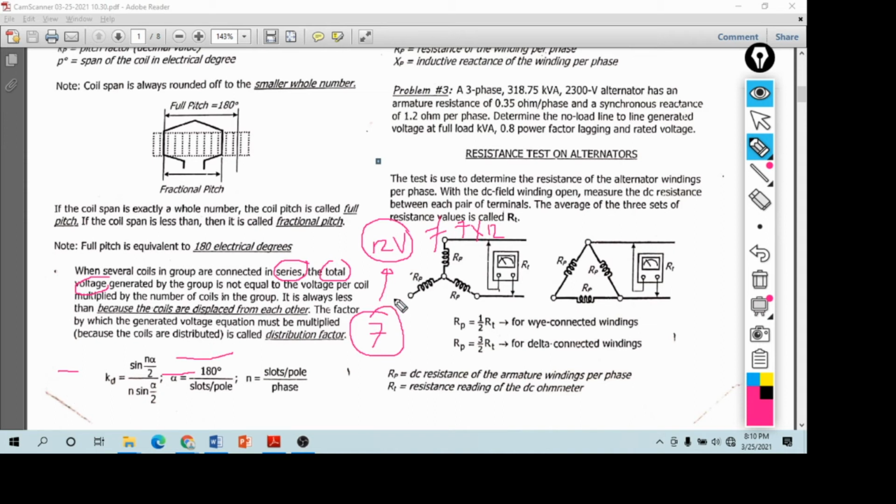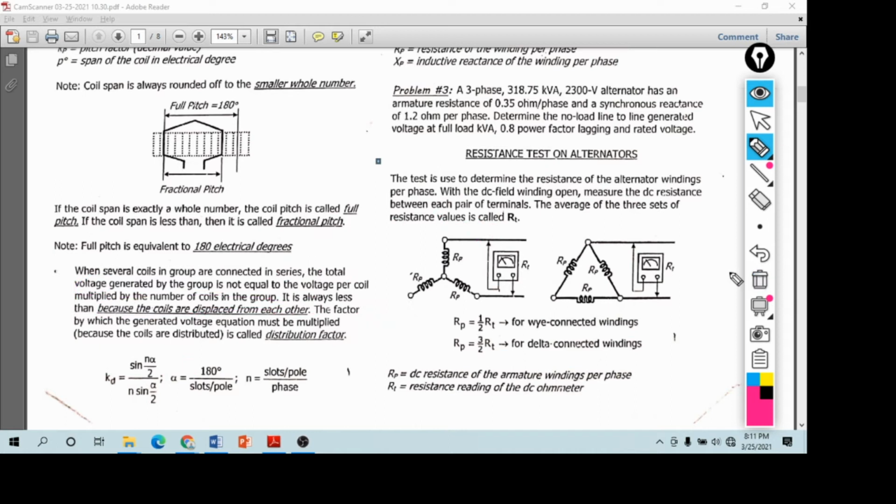And that is because the coils are displaced from each other. They are not placed in just one slot. They are placed in different slots. That is why the output or the generated voltage also varies.